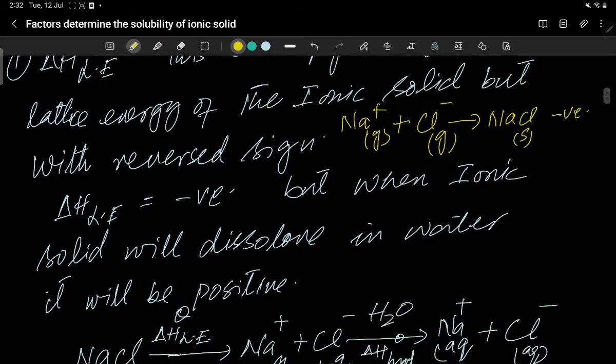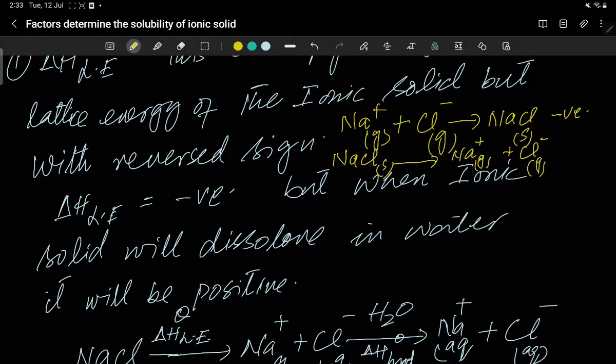And you know, when an ionic solid dissociates into gaseous ions, this is a dissociation of the ionic lattice into its gaseous ions.